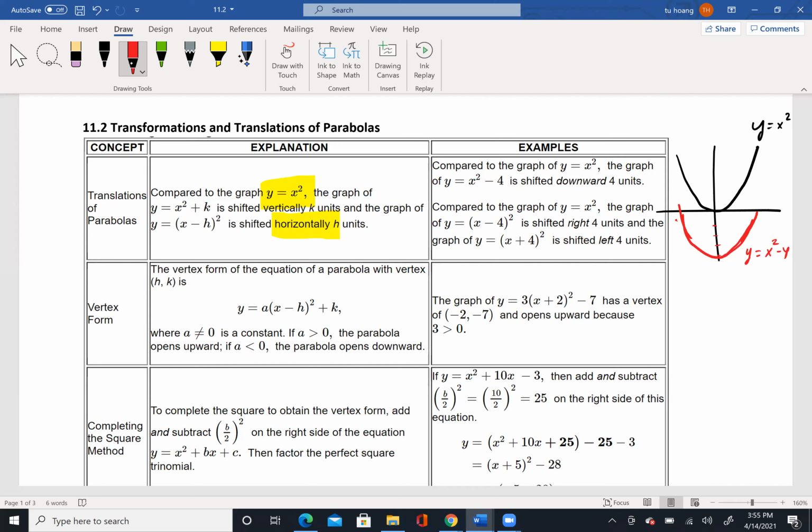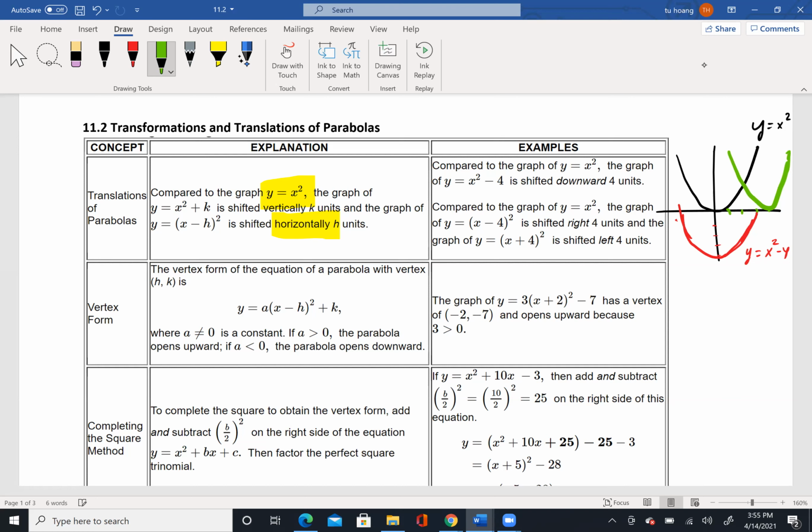For the one that is x minus 4, everything squared, you want to shift it to the right 4 units. So 1, 2, 3, 4. Okay, and then you have a new one like this.